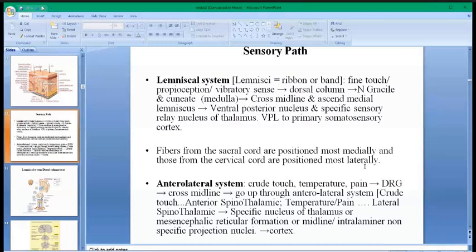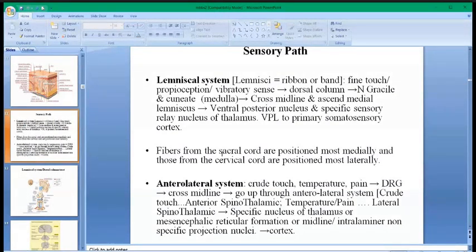Why is it so? Why do you have to remember this? Suppose the portion which is supplied by the sacral spinal nerves, from there the sensation is not going.